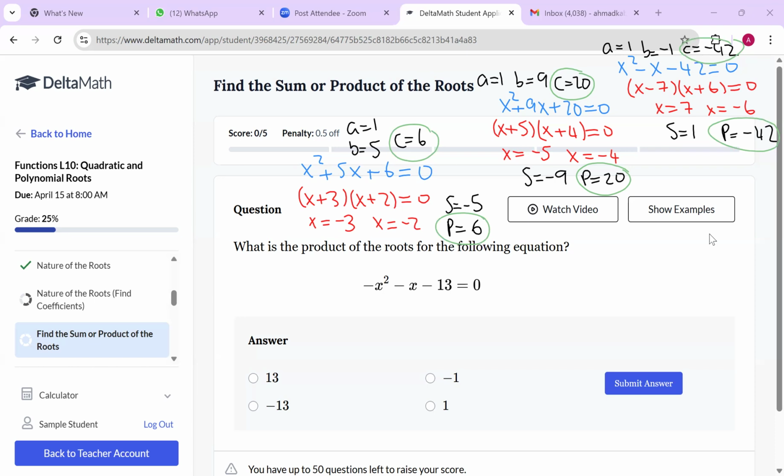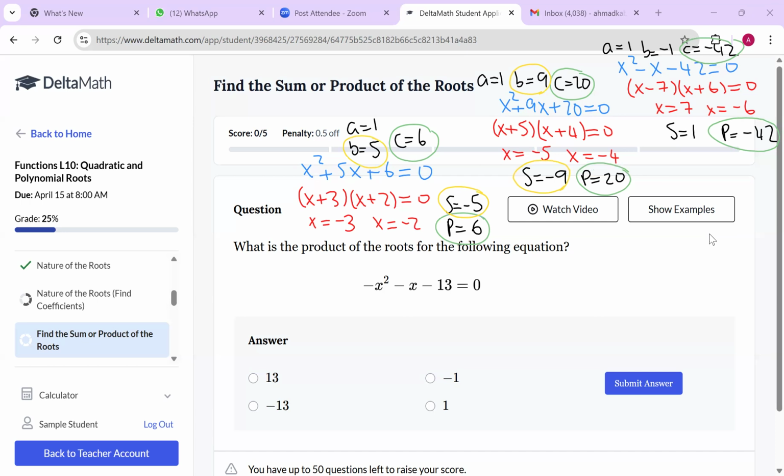Now, let's figure out the relationship between B and S. So in the first example, B is 5 and S is -5. In the second example, B is 9 and S is -9.